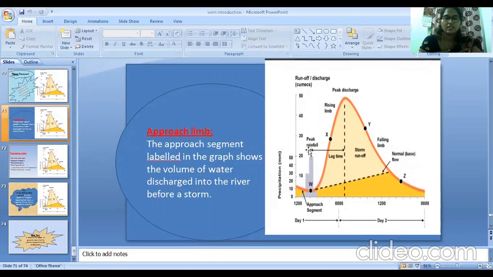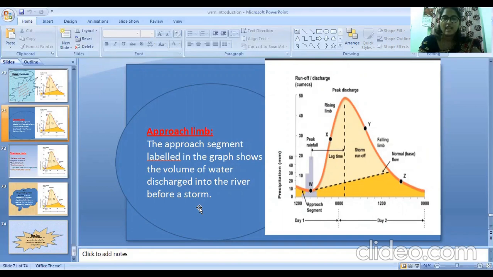And the next one is the rising limb. As the rainfall continues, the surface runoff and throughflow reach the rivers, causing an increase in discharge, and this is indicated by the rising limb.